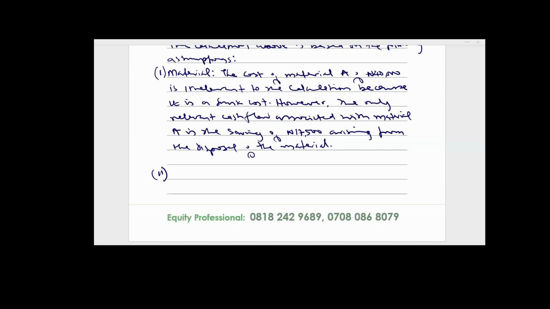All right. Then the second part, you are told that extra labor will need to be recruited to the other project at a cost of 70,000. That additional cost of 70,000 naira is relevant. Let me explain further. The first one, that 60,000, the workers are currently working somewhere and they earn 60,000 naira.